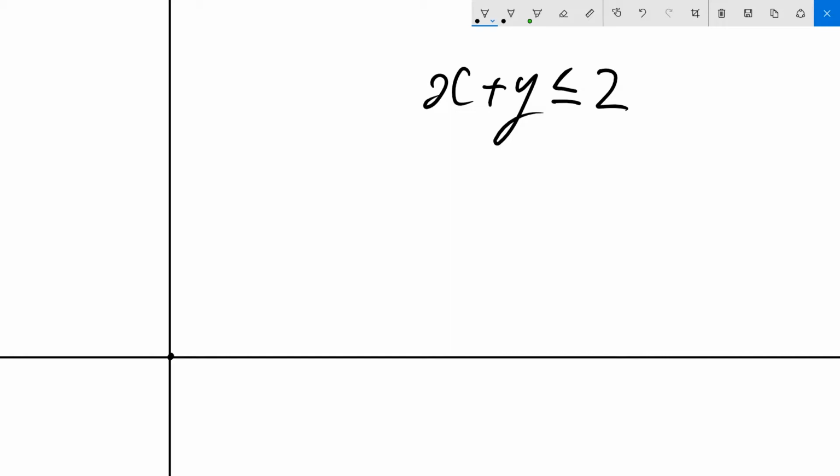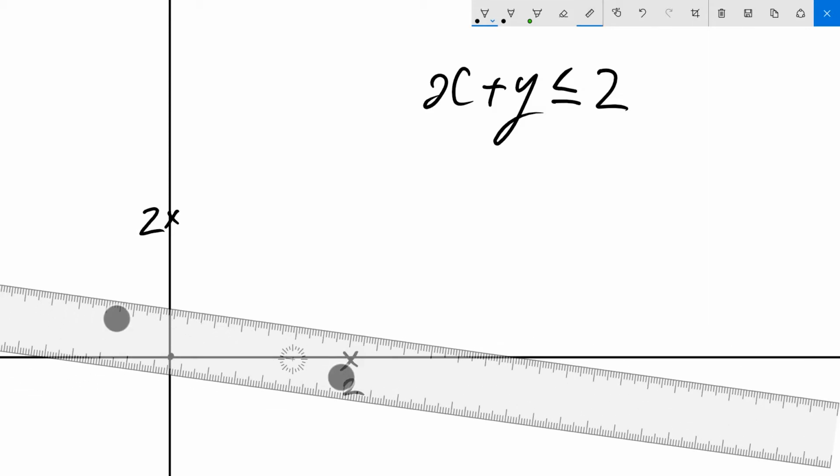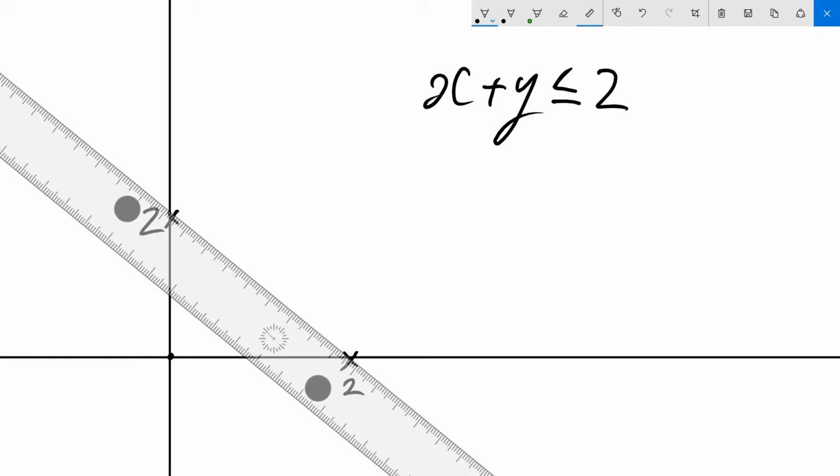Well, what does that mean? Well, we have our line where 2 is, so let's say 2's here and 2's here, and we would graph this line like we normally would.